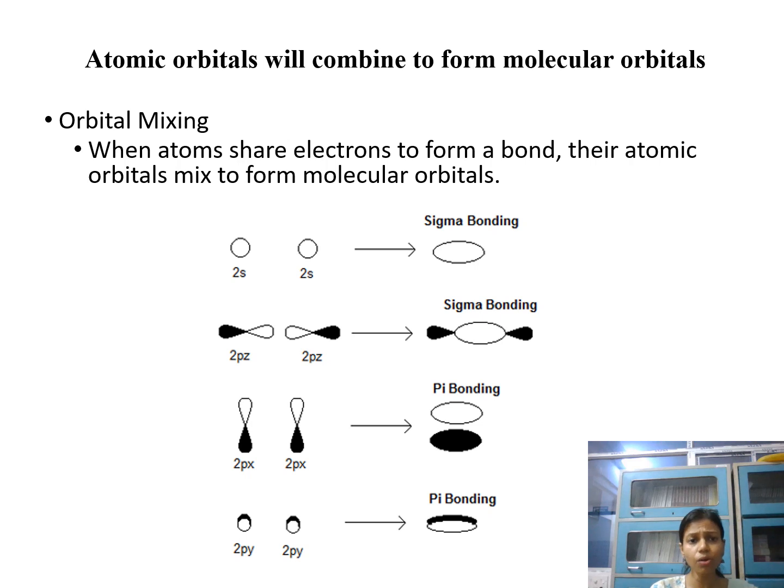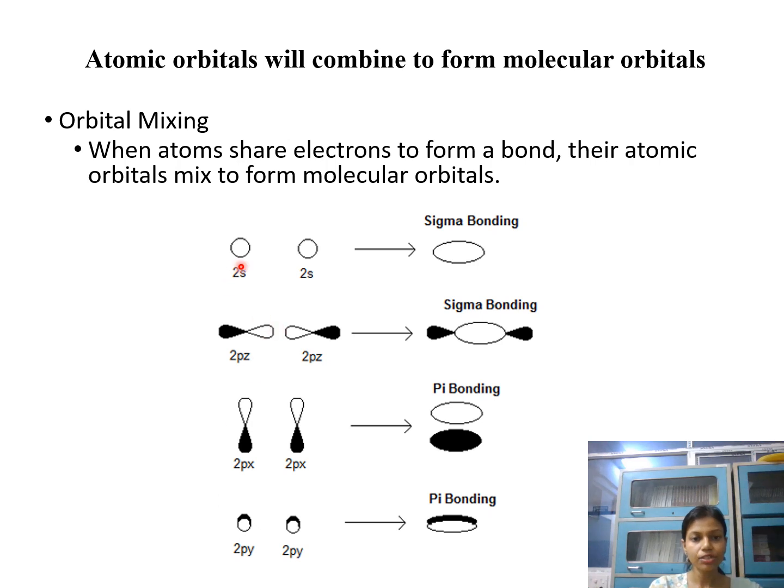Atomic orbitals actually combine to form molecular orbitals. Depending on how the atomic orbitals look, the molecular orbital will have that kind of shape or energy. Here I have shown a few examples in this slide.